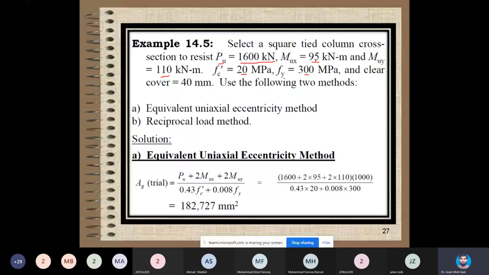So the analysis part is already carried out, and furthermore clear cover is also recommended, and you have to actually decide this cover after checking the recommendations of ACI, that for sheltered columns what covers are important.